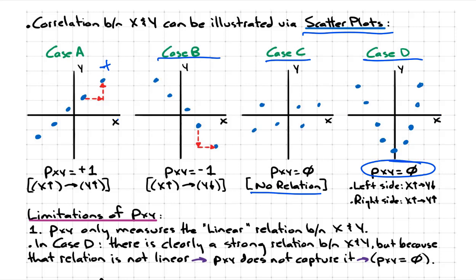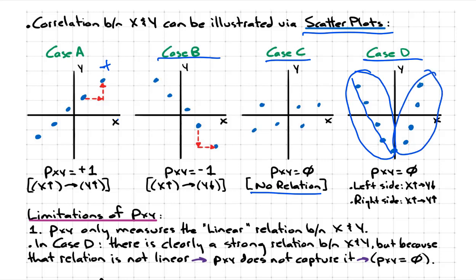However, if you take a closer look, on the left side of the scatter plot, you can see that the relationship is downward sloping, so it's negative. But then if you look at the right side of the scatter plot, you could see that the relationship is positive. It's just that when you combine the entire data set, the linear correlation seems to be 0.